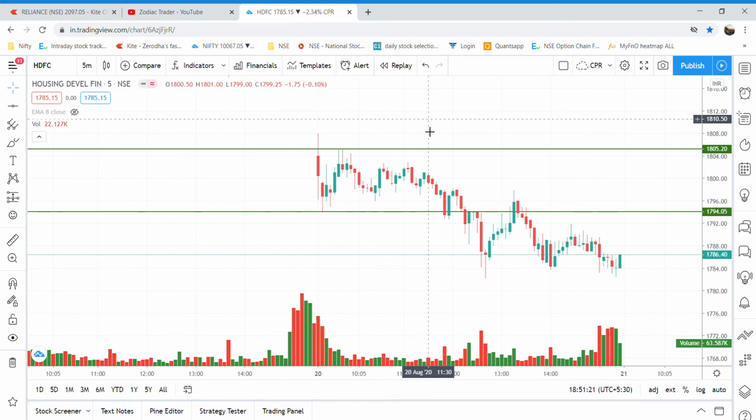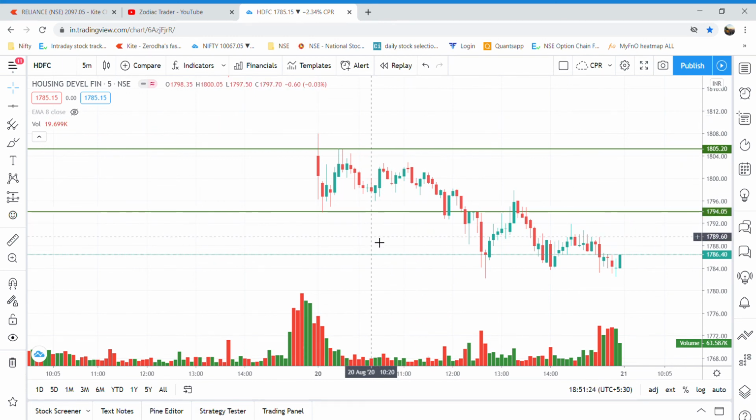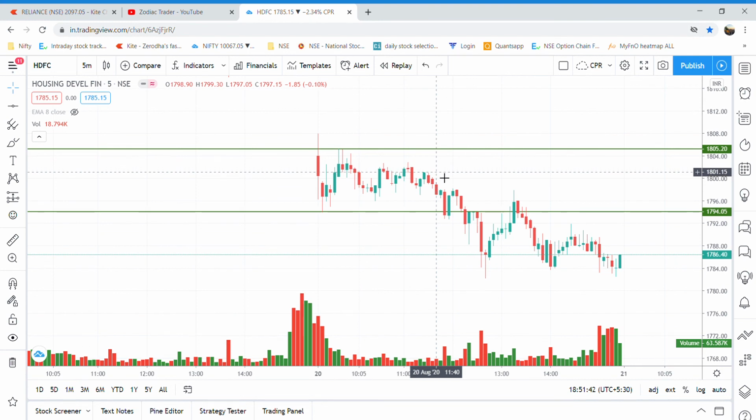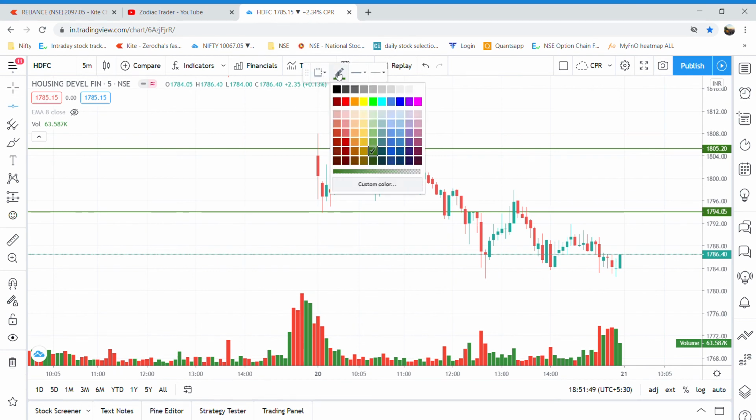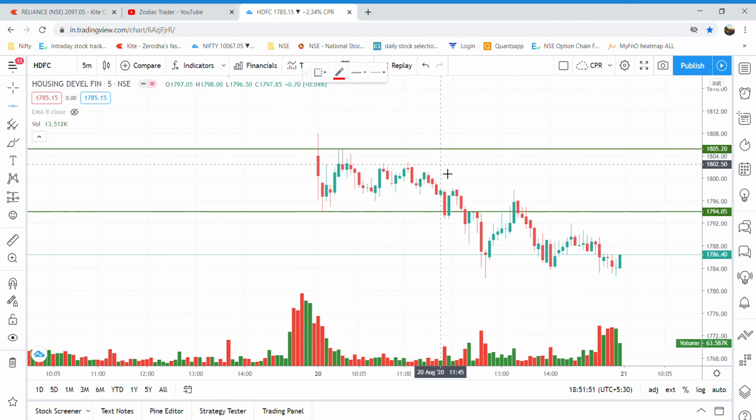What we need to do is wait for price again to either close below the support or close above the resistance. Here you can see at 11:15 price closed below the support. As soon as the price closes below the support, we take a short position here with the latest swing high as a stop loss. So let's mark the stop loss, change the color to red, and this is it.